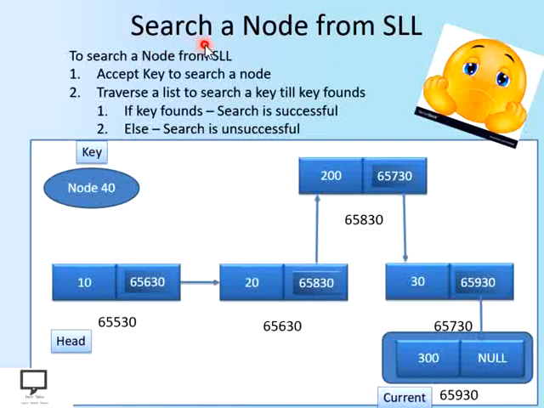Or if you want to delete any node from the linked list, you have to search for it first, and only if it is present will you be able to delete it. So in both cases we use this search operation. That's why, before moving to the insert and delete operations, you must know the concept of searching for a node in a given linked list.